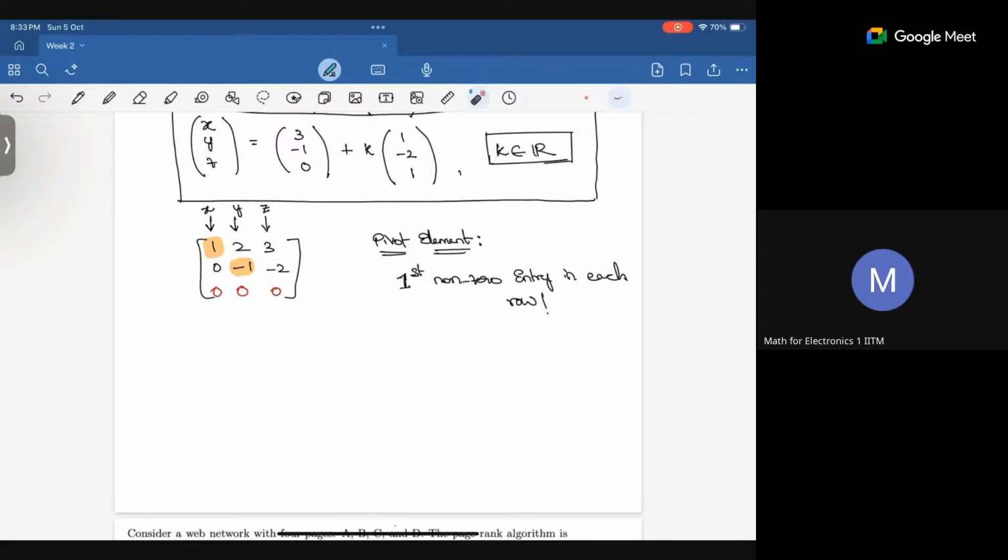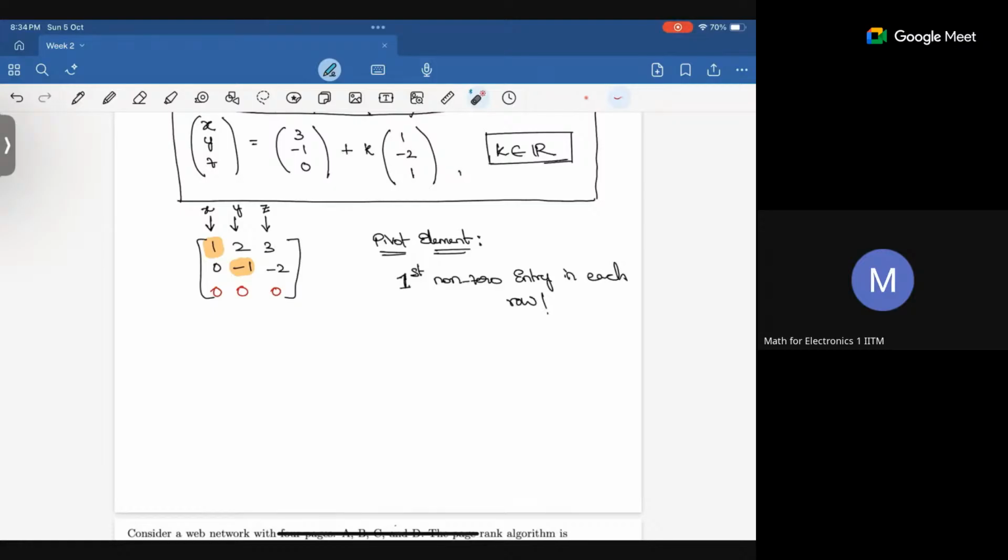So the first entry itself is non-zero, therefore that is a pivot element. In the second row, the first entry is 0, so it cannot be a pivot element. The second entry is -1, therefore that is the first non-zero entry of the second row. Therefore -1 is also a pivot element. When I go to the third row, the first entry, second entry, third entry, all three of them are zeros.